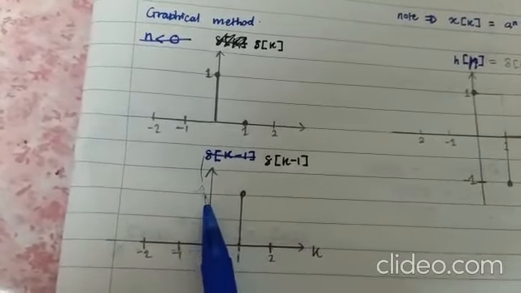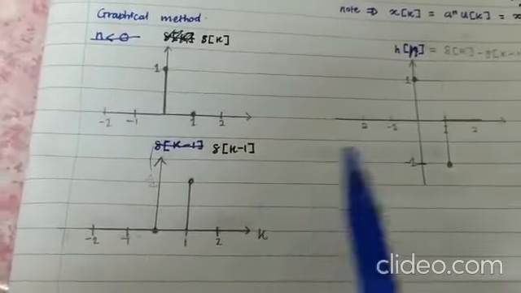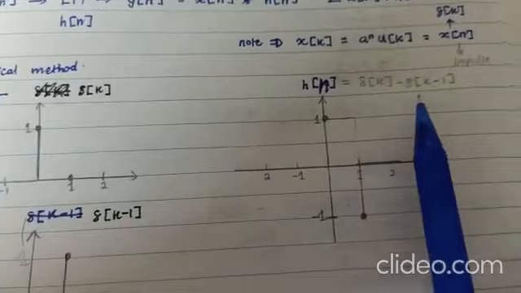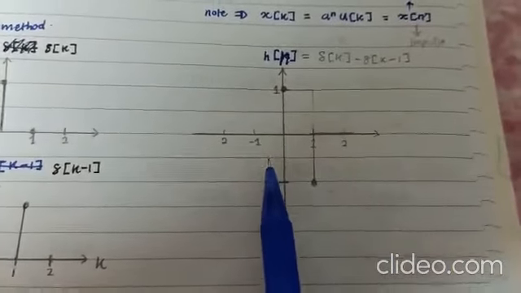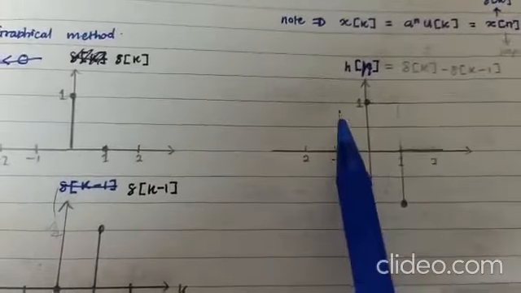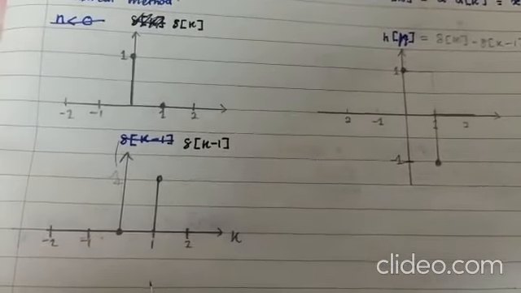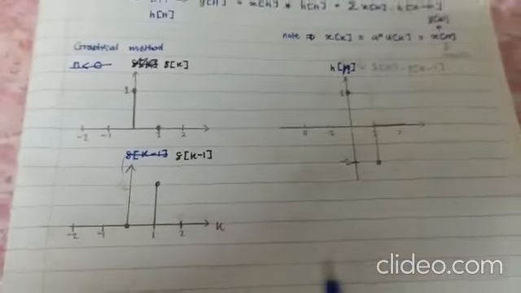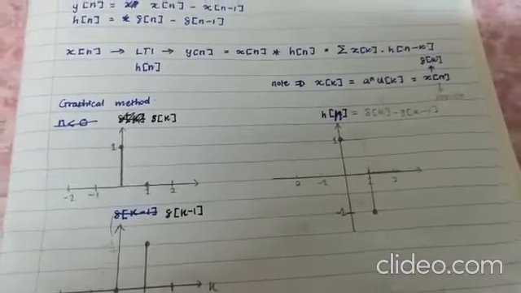When we subtract these two, we get this graph: 1 minus 0 equals 1, and then 0 minus 1 equals negative 1. So now we have the hn graph.